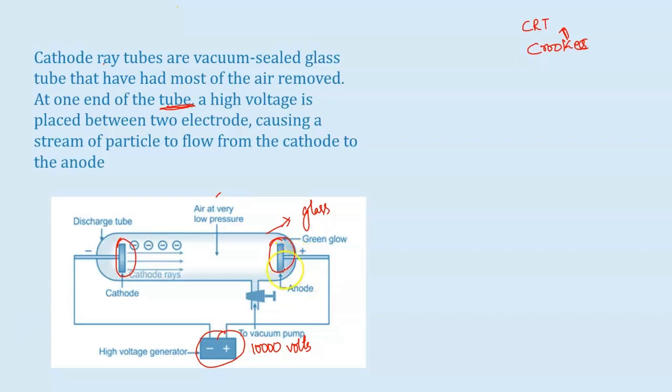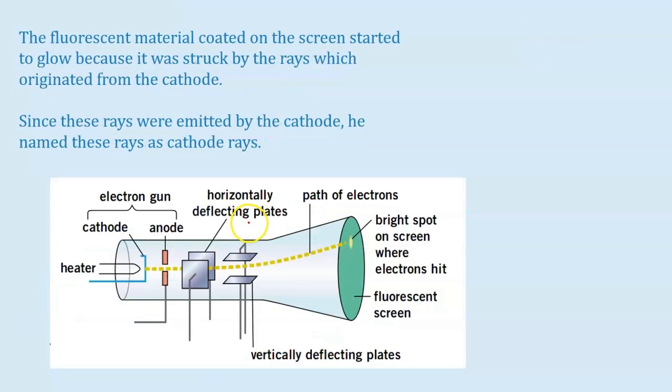Two electrodes are placed, the anode and the cathode, causing a stream of particles that flow from the cathode to the anode. So this is the stream of particles, flowing from the cathode towards the anode.